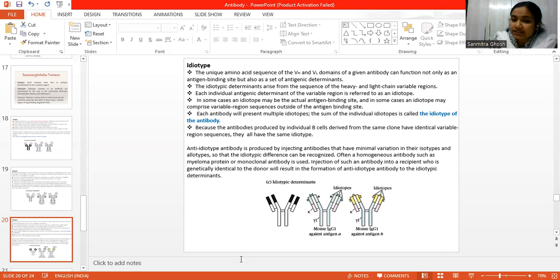So if we look at this picture, this is the structure of the antibody, and this black portion corresponds to the idiotypic variation.